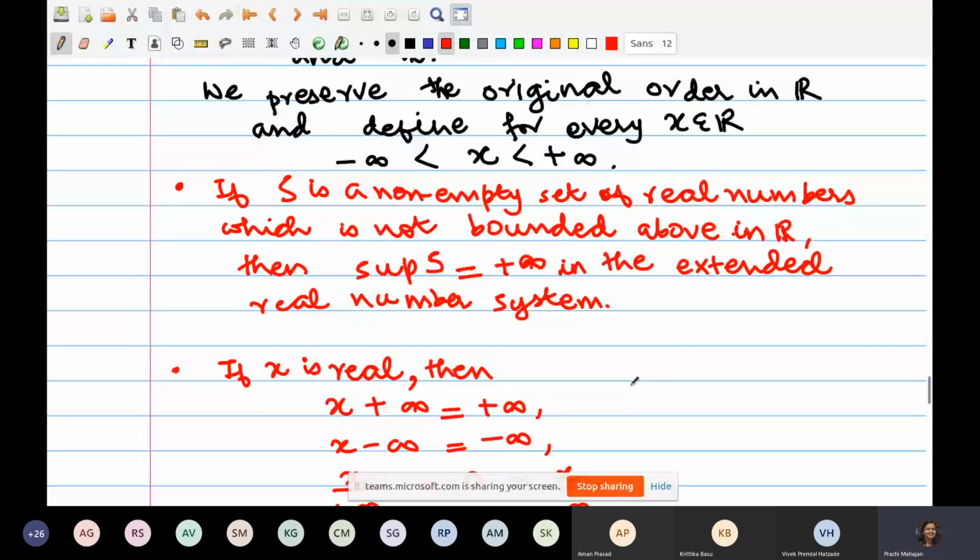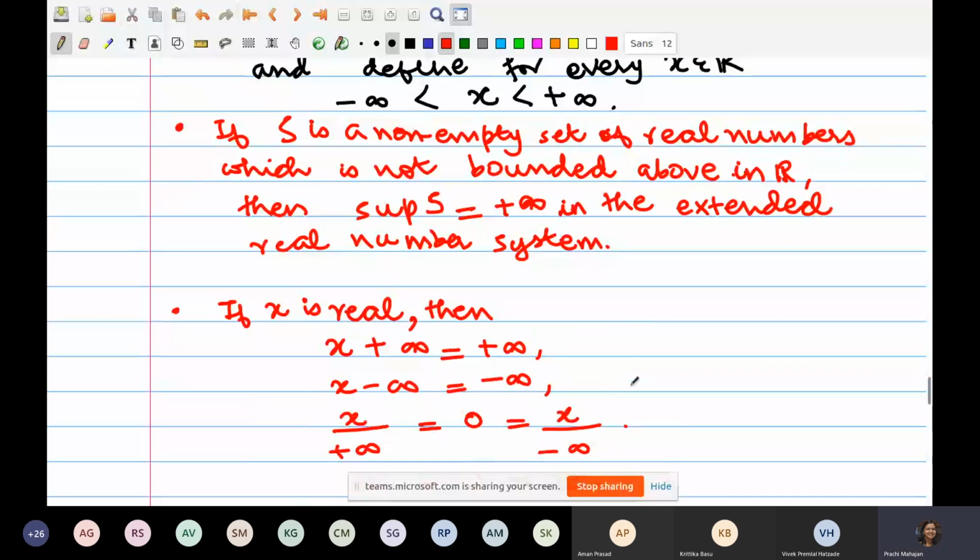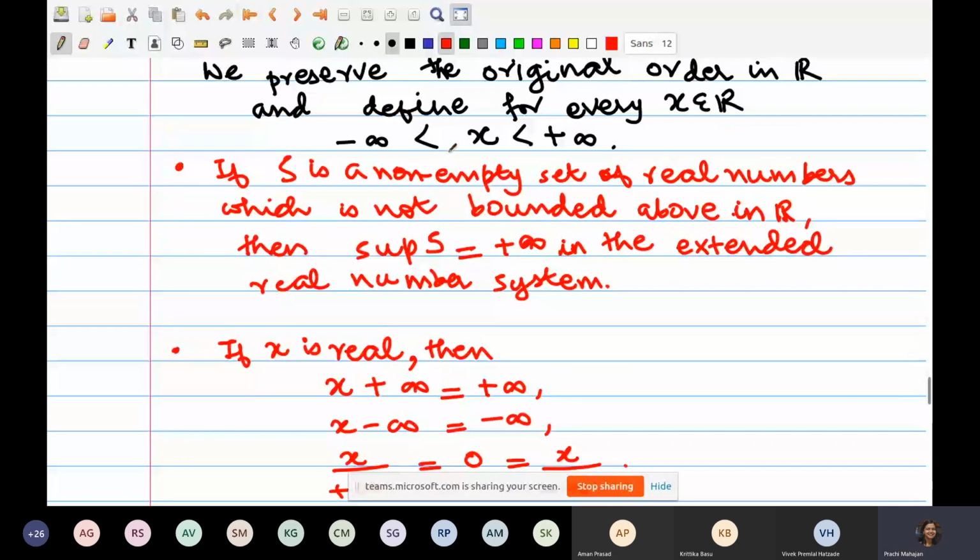Okay. So for the moment, I have not written it, but I'll just write here that there is a similar comment for a non-empty subset of real numbers which is not bounded below.